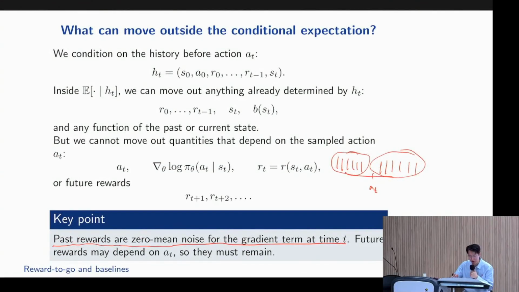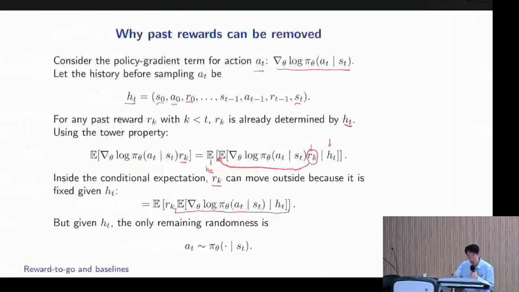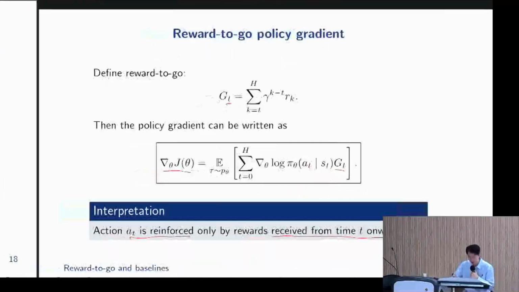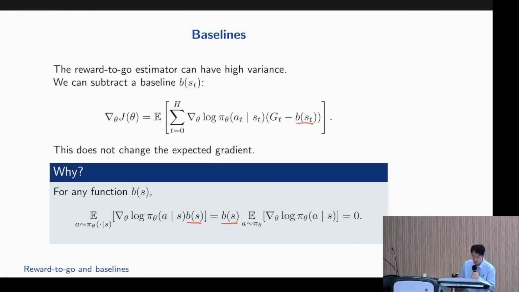You can derive it on your own: just use the tower property again and reach the same conclusion. Under the expectation, you can add or subtract anything as long as it's a function of state; it's not going to change the expectation.